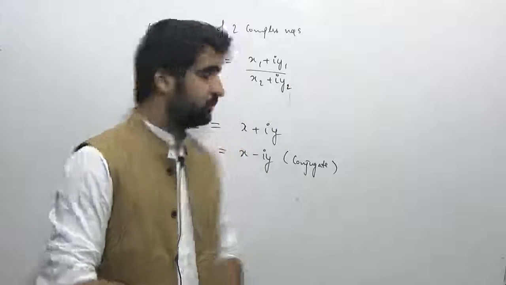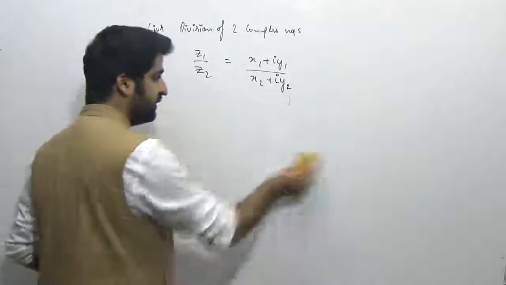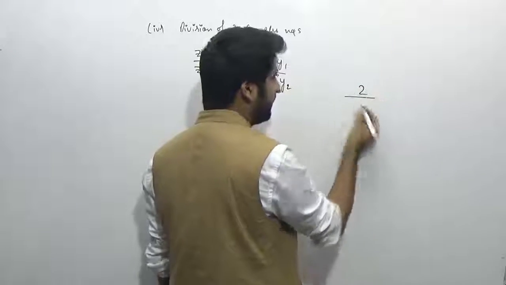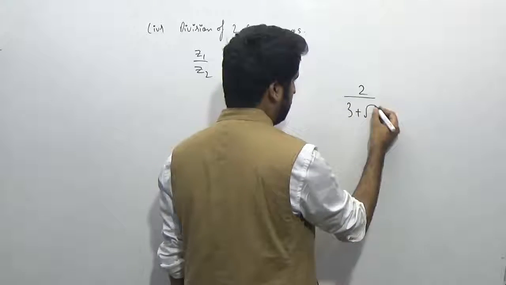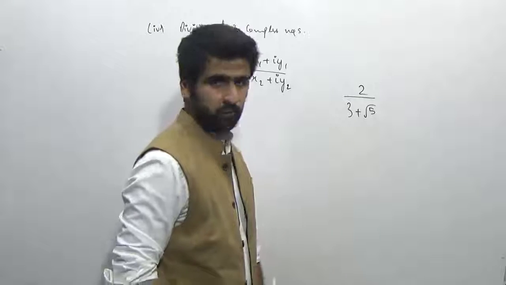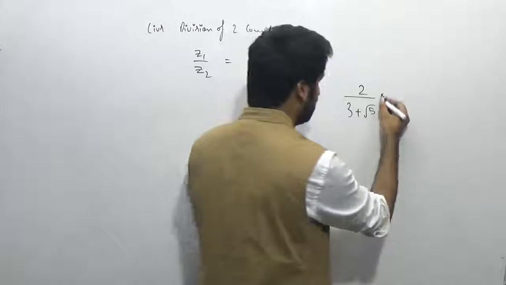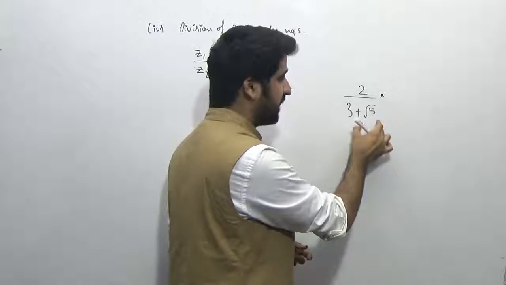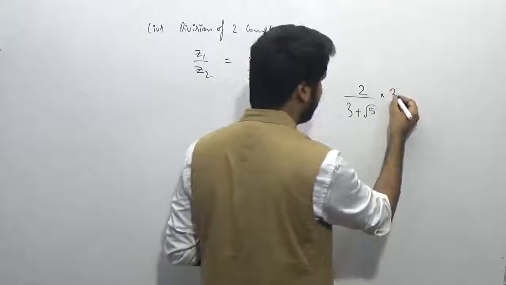We have to remember a small concept which we learned in our foundation classes: if we had an irrational number in the denominator, what did we used to do? We used to rationalize the denominator. Rationalizing the denominator means we have to get rid of this square root, or this irrational part, from the denominator. And how did we do that?